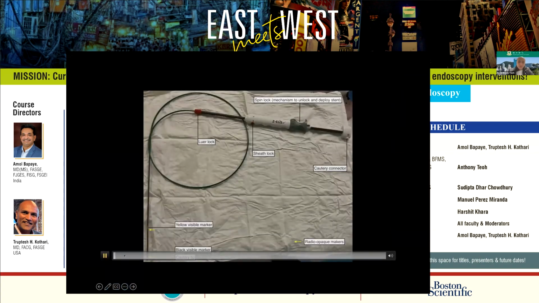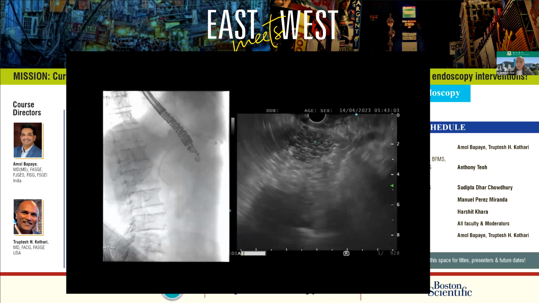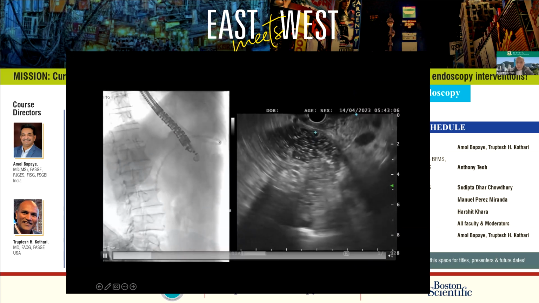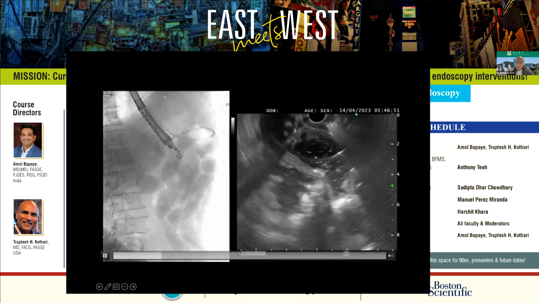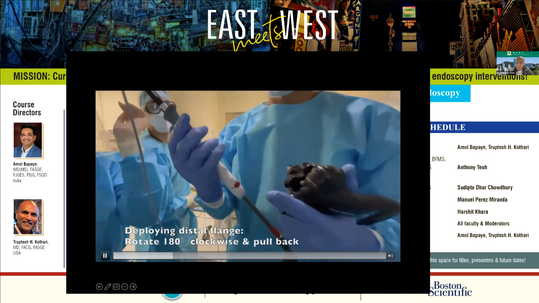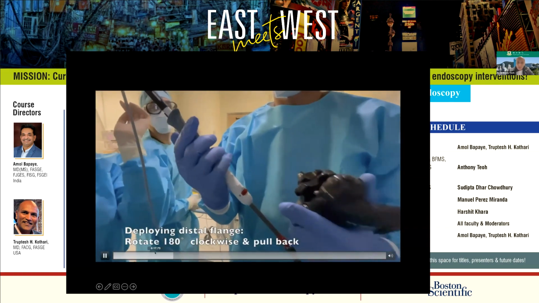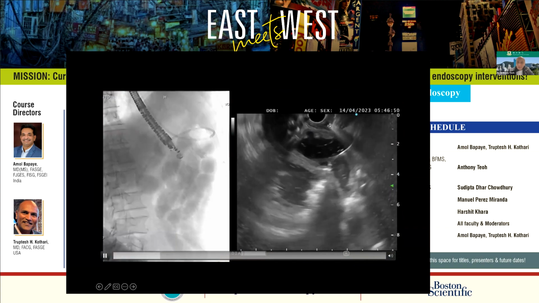So this video shows the deployment of this system. Here I was performing a GJ. Using the freehand technique, a tube has been inserted for enlarging the small bowel. You can see the deployment system just burning in through here.